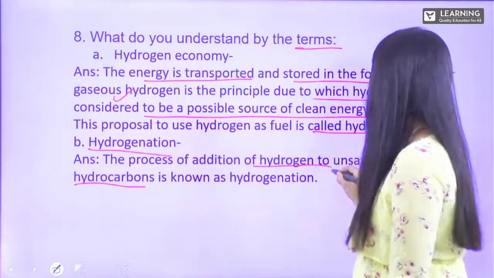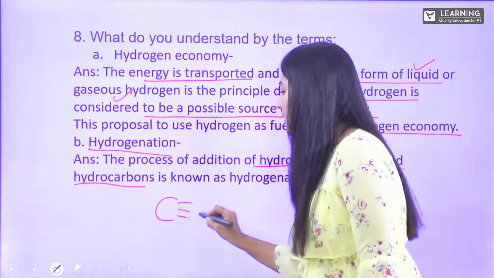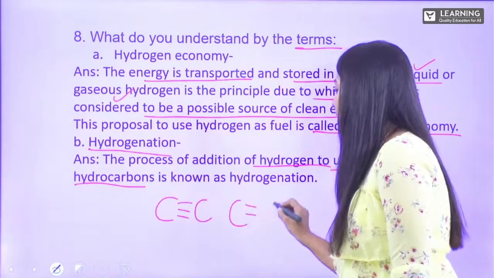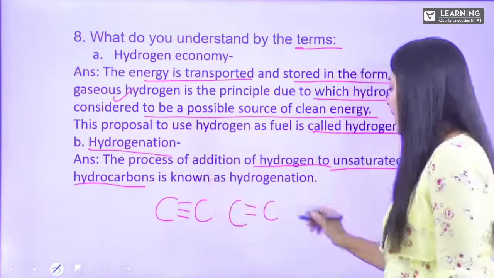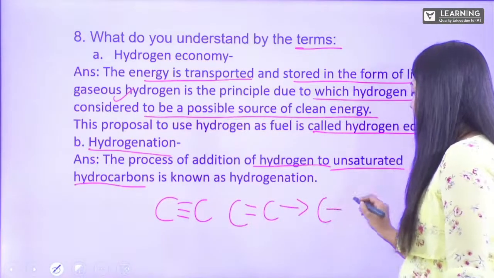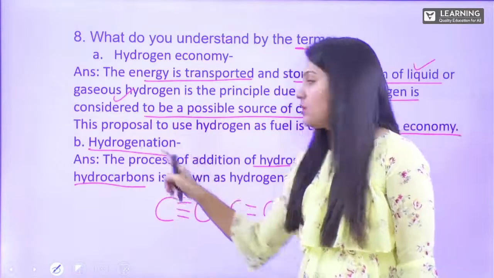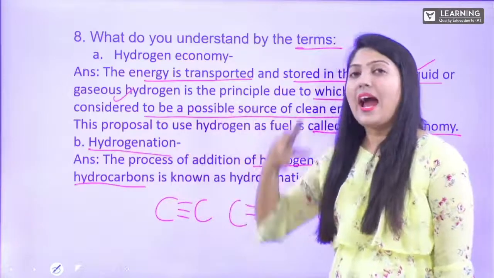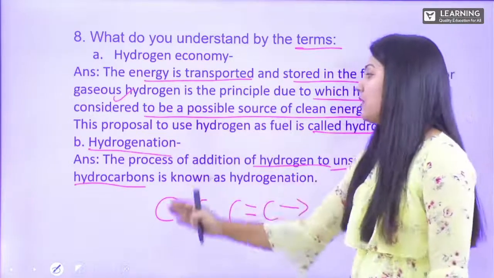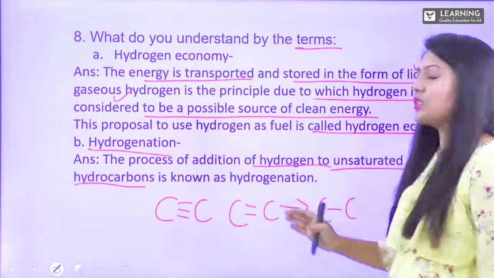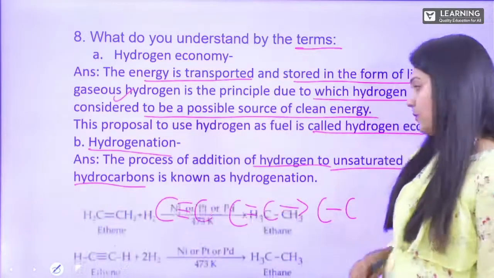In that, unsaturated hydrocarbons have multiple bonds, either a carbon-carbon triple bond or a carbon-carbon double bond, and to convert them into saturated, that is a carbon-carbon single bond, we are adding hydrogen. So addition of hydrogen will be called hydrogenation. So I repeat, the process of addition of hydrogen to unsaturated hydrocarbon is called hydrogenation.